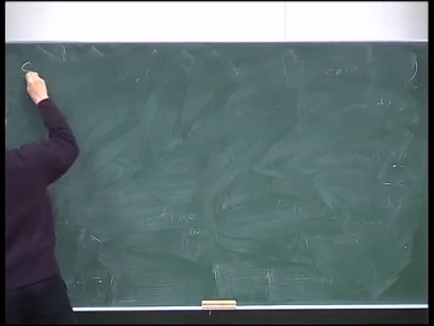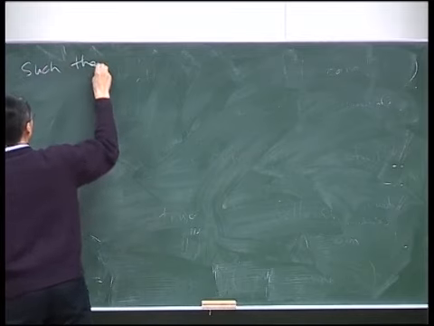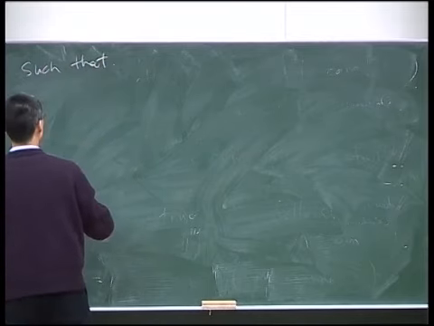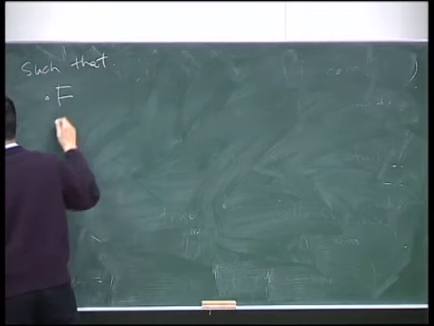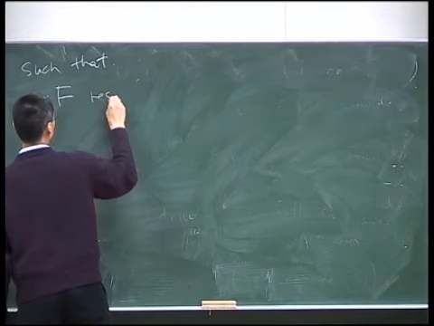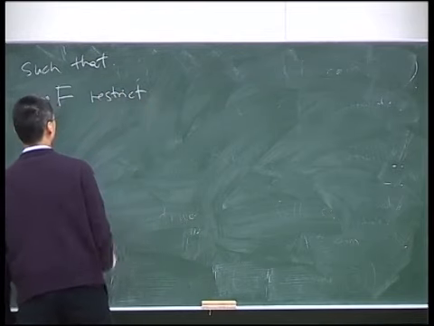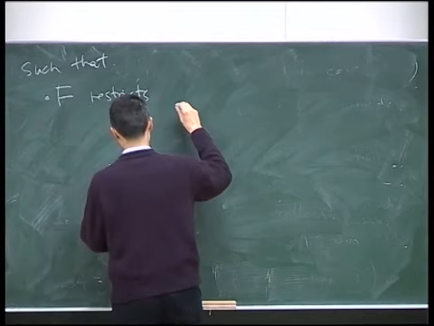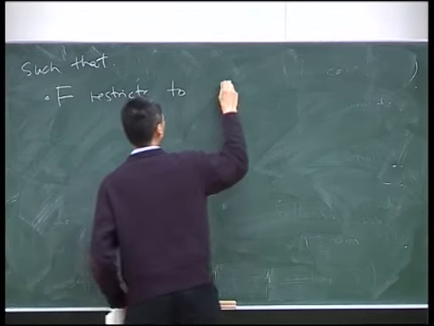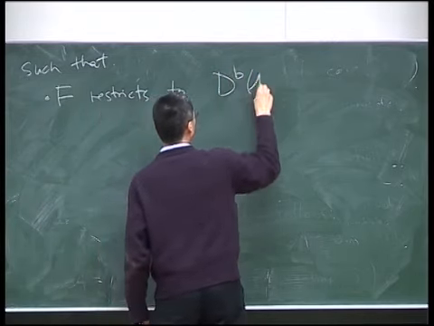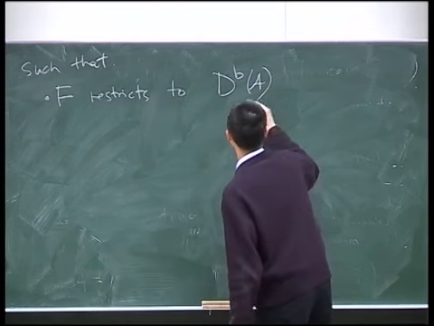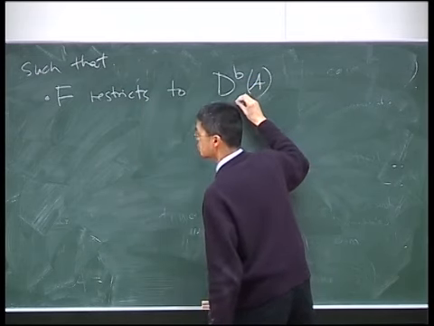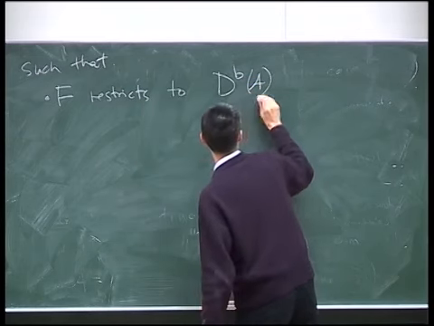Okay, and we require that first we get a restriction to certain subcategories. Okay, so I'm going to use Pramod's notation here.